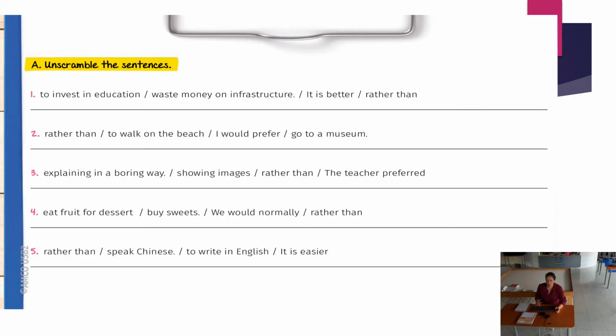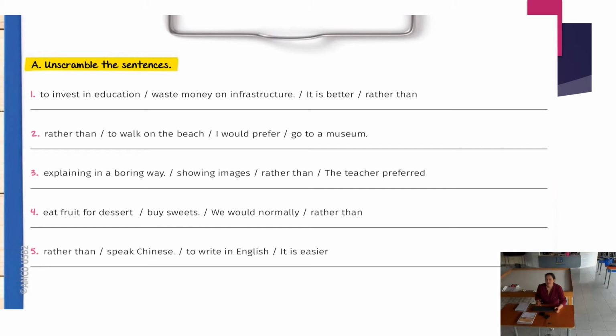Let's go to exercise A, in which you have to unscramble the sentences. That means that you have to put them in order, right? So you have: invest in education, waste money on infrastructure, it's better, and rather than.